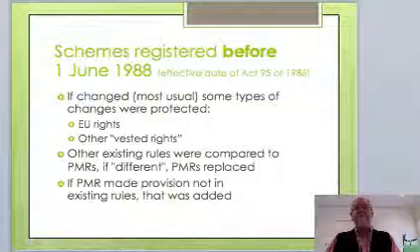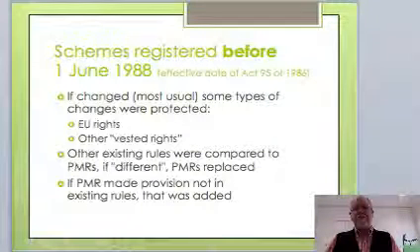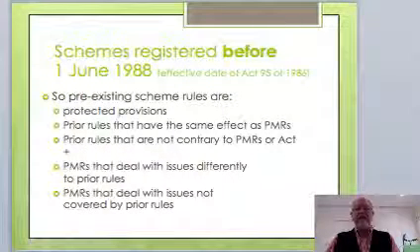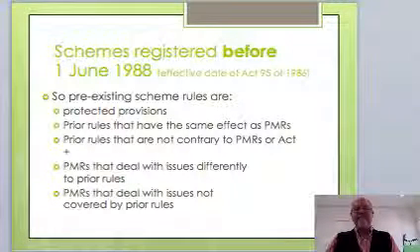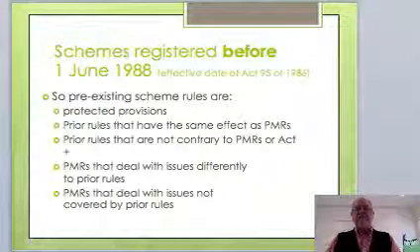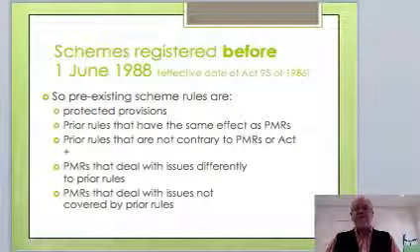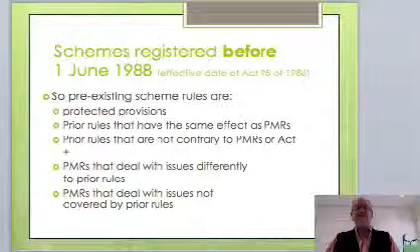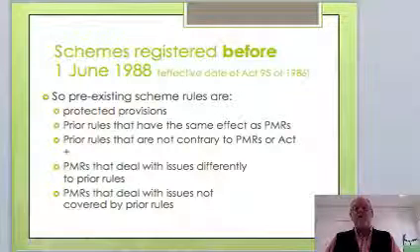If the prescribed management rules made a provision different or in addition to what was in the existing rules, then that was added to the scheme's rules. So on the 1st of June 1988, the rules of a pre-existing scheme were made up of the protected provisions, the prior rules that had the same effect as the prescribed management rules, and prior rules that weren't contrary to either the prescribed management rules or the Act.